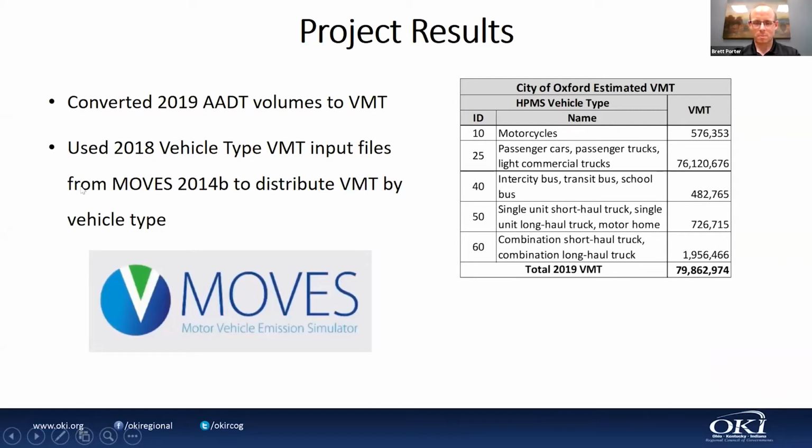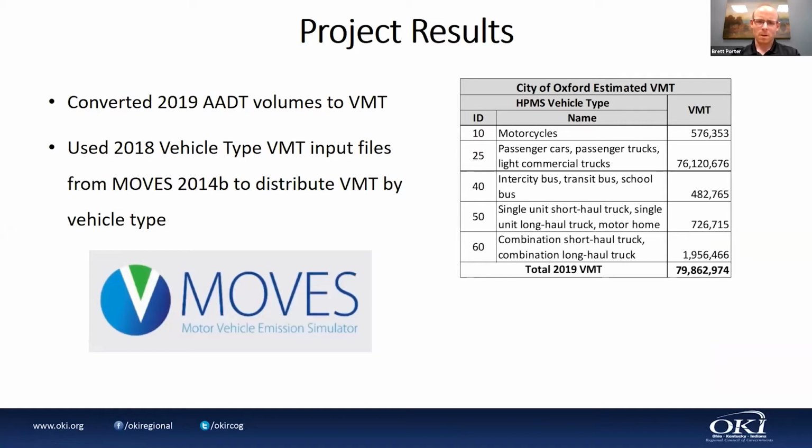That's where I ended up having to do a proportionment based off of the MOVES model. We use the MOVES model here to do air quality conformity and to do emissions tests for the OKI region. I had already had a MOVES input file for vehicle type VMT.